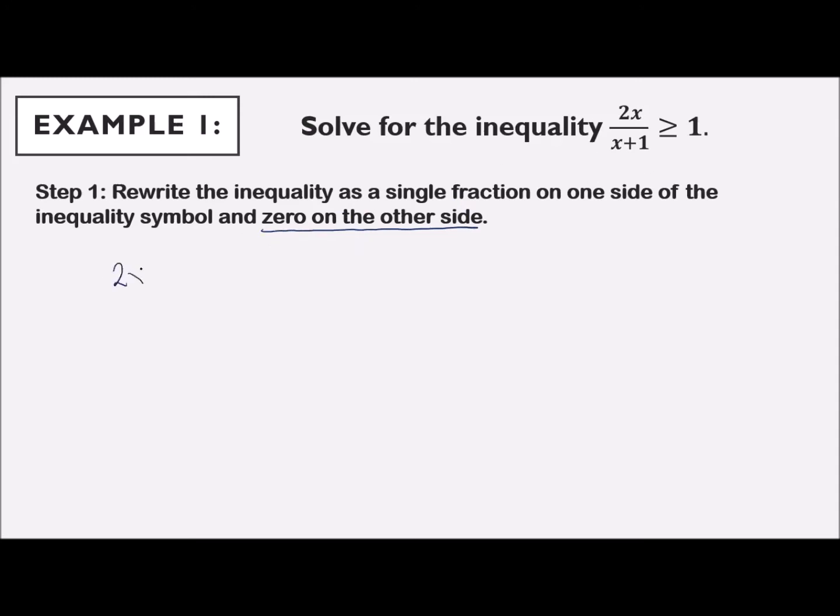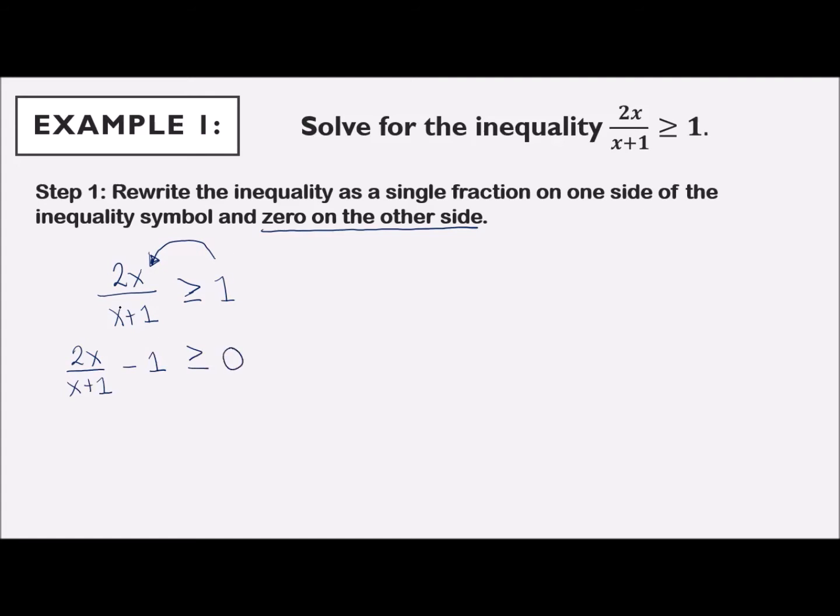So coming from here, 2x over x plus 1 na given is greater than or equal to 1. Kumbaga, ang shortcut natin dito, yung 1, tina-transfer natin on the other side. Or in short, that is the addition property of equality. Okay? So, magiging 2x over x plus 1 minus 1 is greater than or equal to 0.